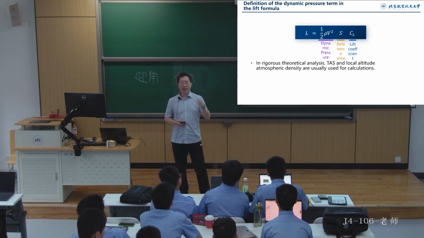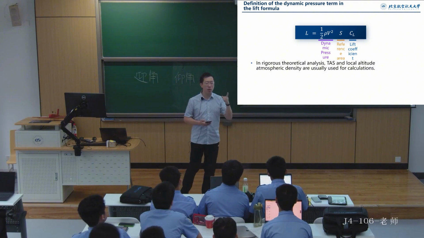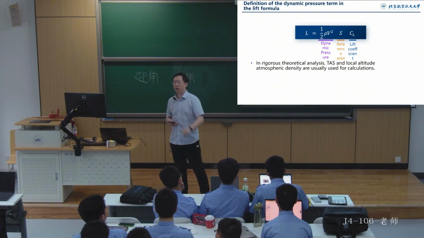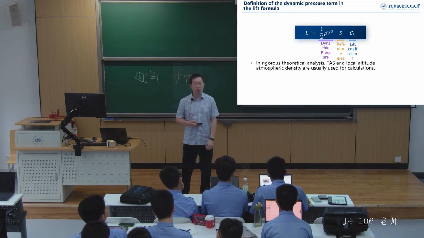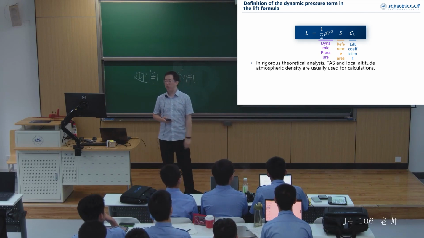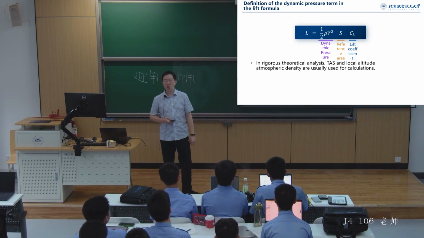Under very strict conditions, the density we use should be the atmospheric density of the free stream at the local flight altitude. Also, what speed is this V? As a student mentioned earlier, it is the true airspeed, right?